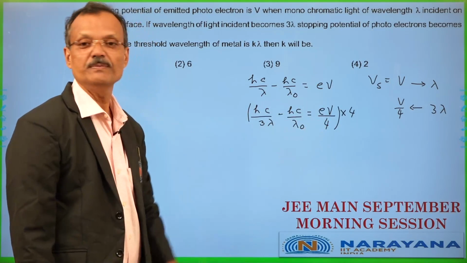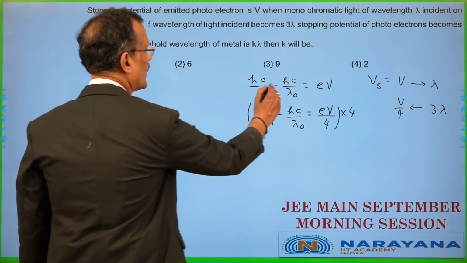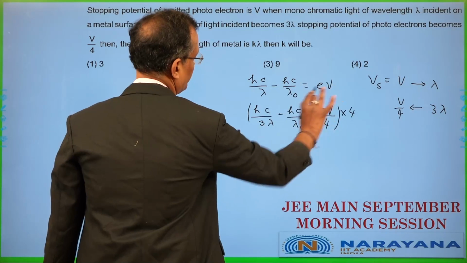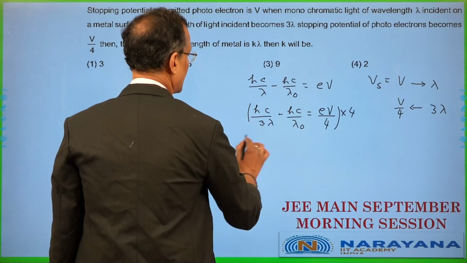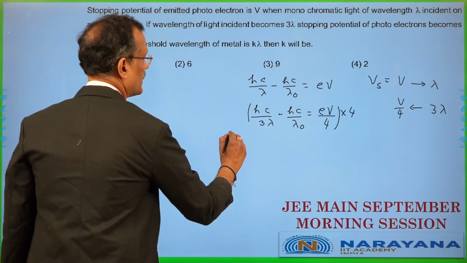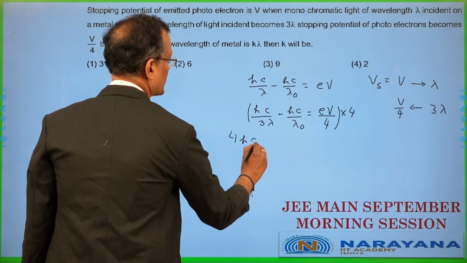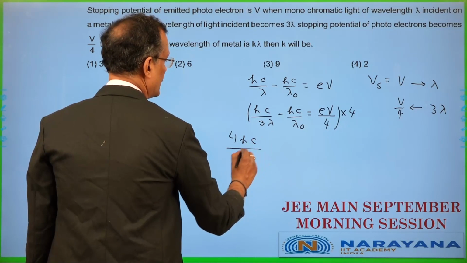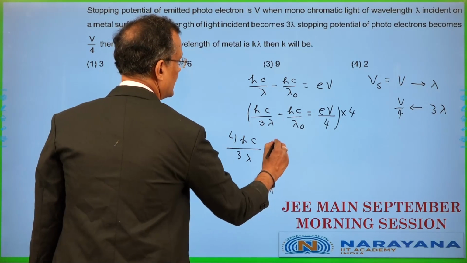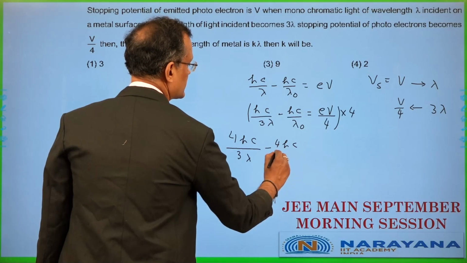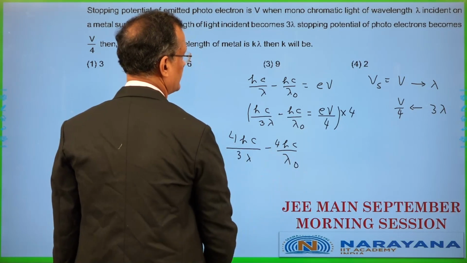So the right hand side will become equal. So what are you getting here? First equation, keep it like this. So here it will become 4hc by 3 lambda minus 4hc by lambda naught.